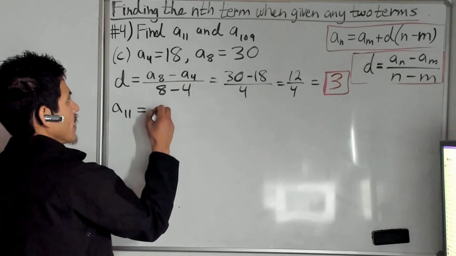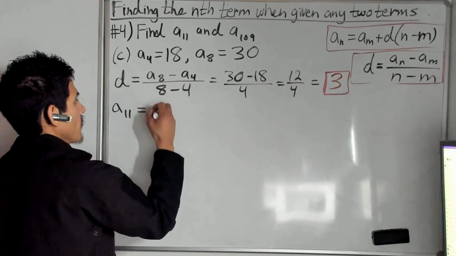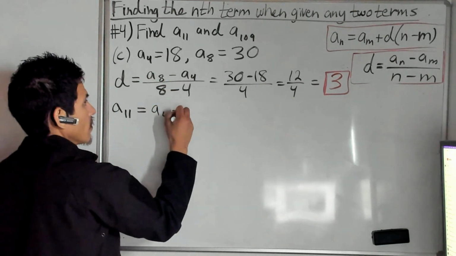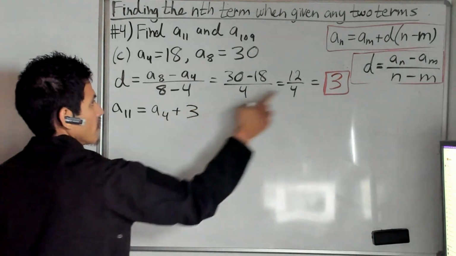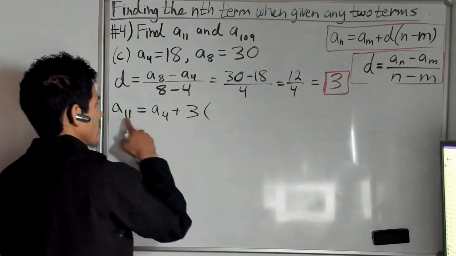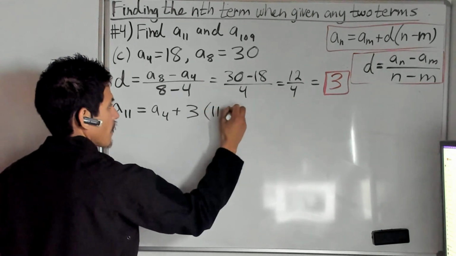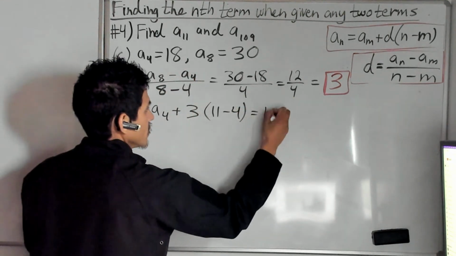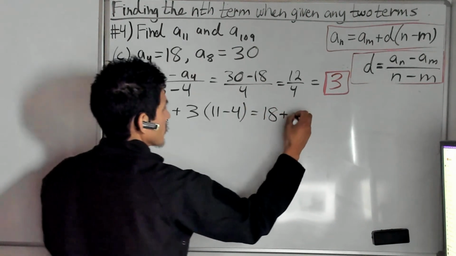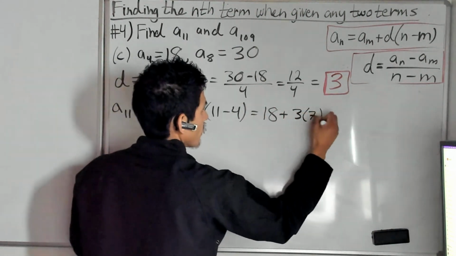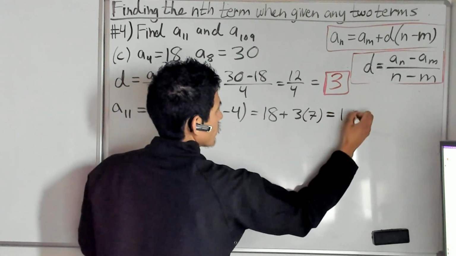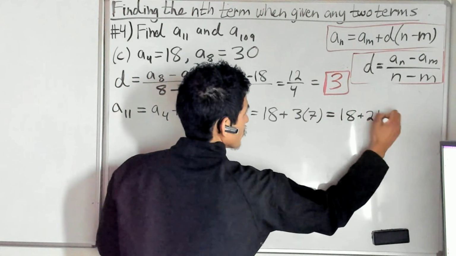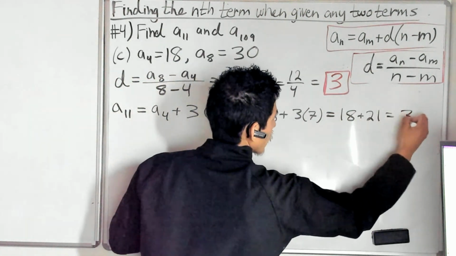So A11 will be AM. Let's just go with A4 plus 3 times D. In this case, we'll have 11 minus 4. A4 is 18 plus 3 times 7. So 18 plus 21, 39.